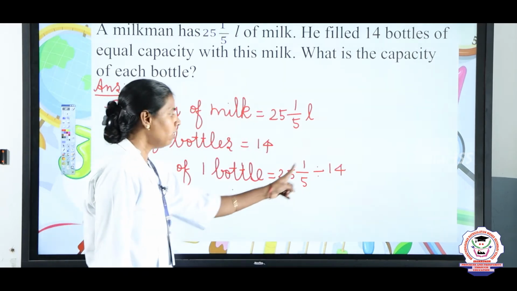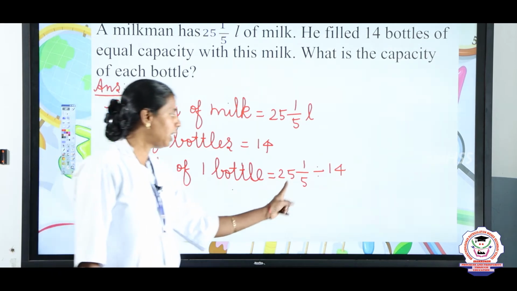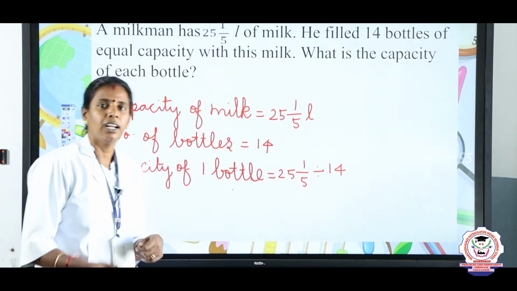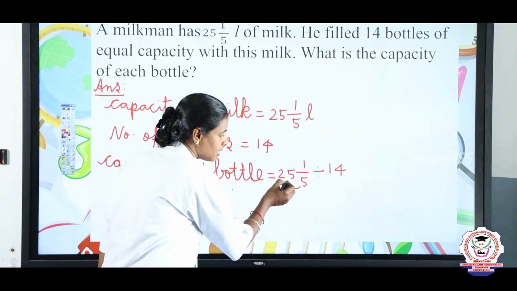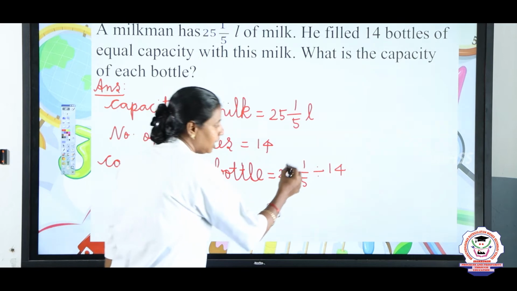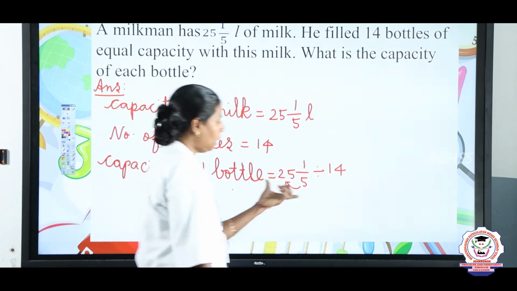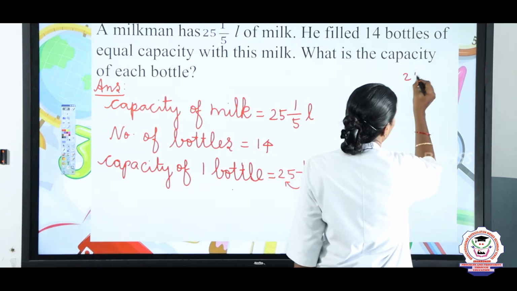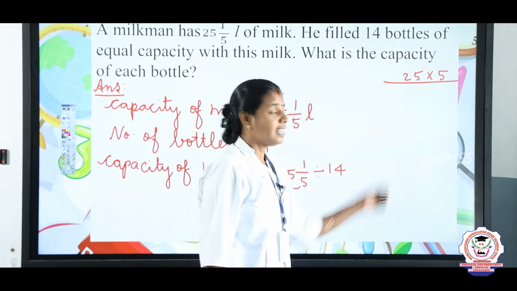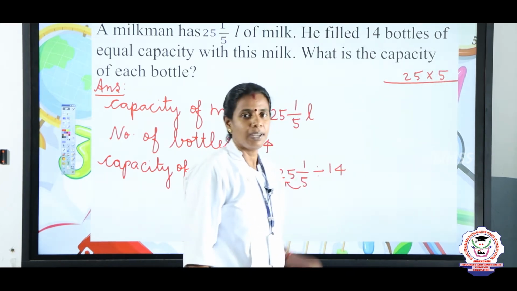Now, 25 1/5 is given as a mixed fraction, is it? How to convert this into an improper fraction? We will multiply this 5 and 25, and the product we are going to add with the numerator 1. Multiply 25 into 5. What will be the product? Yes, 5 5s are 25.